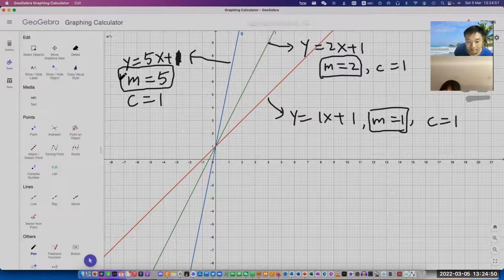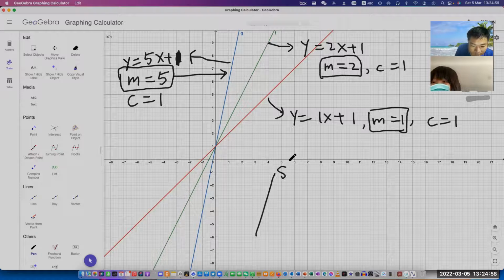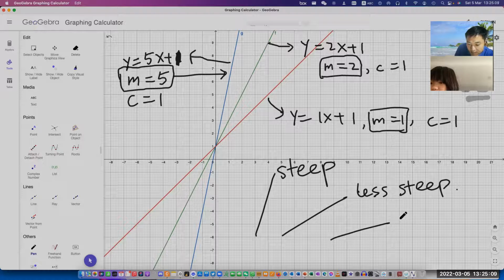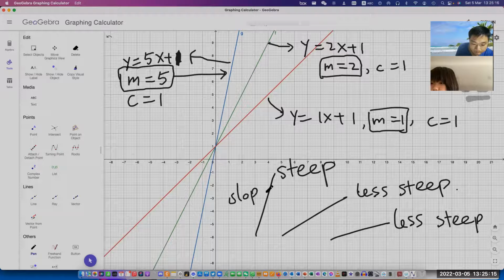What's the impact? When your m increases to 5, can you see that your line is more steep? Steep means this. This is more steep. This is less steep, right? And then this is even less steep, like a slope. We are talking about slope.